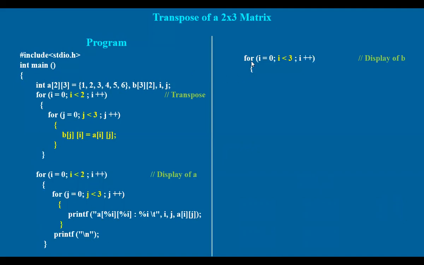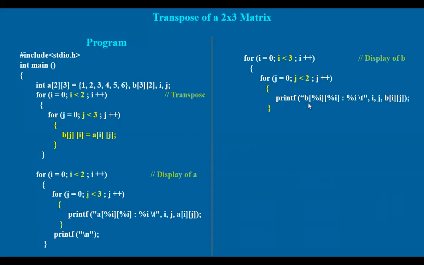So here I is taking 3 values, 0, 1, 2, because the B array has 3 rows and 2 columns. As you have guessed, J is now taking only 2 values, 0 and 1, because B has only 2 columns.